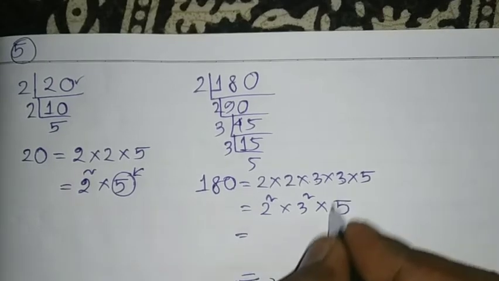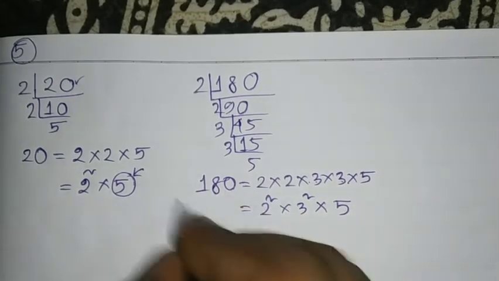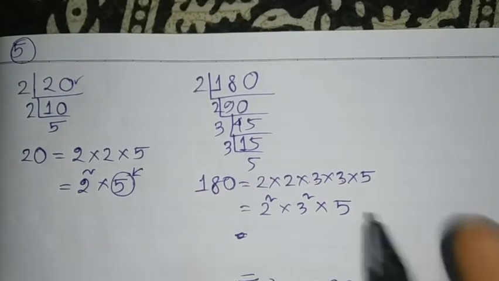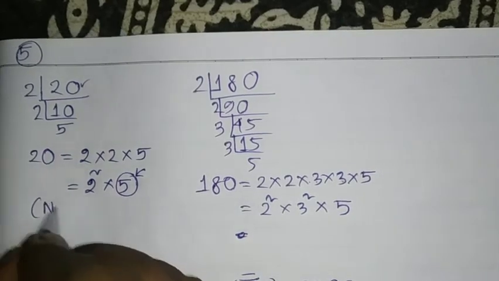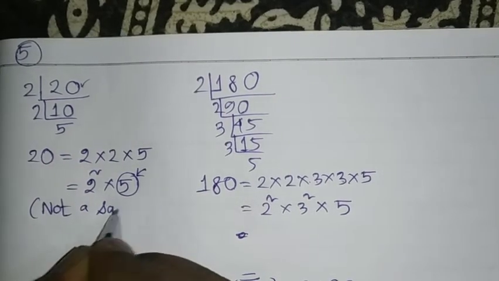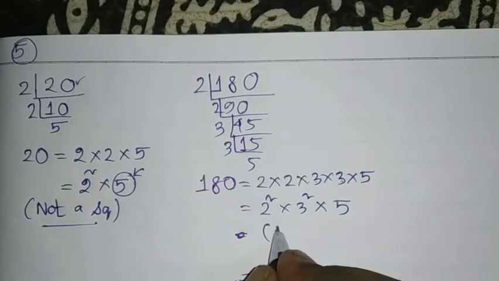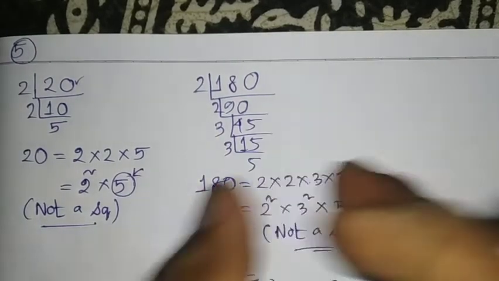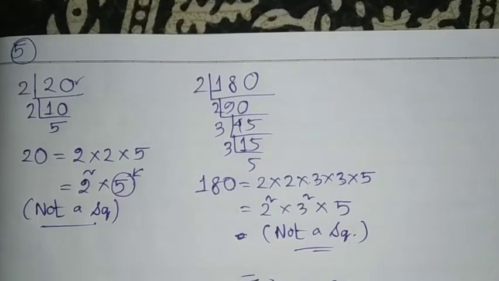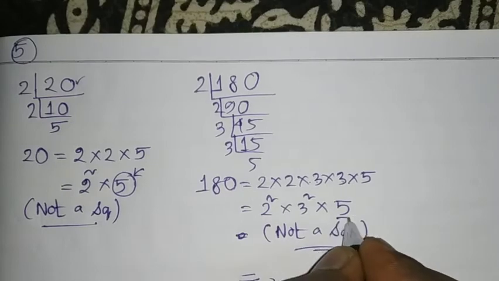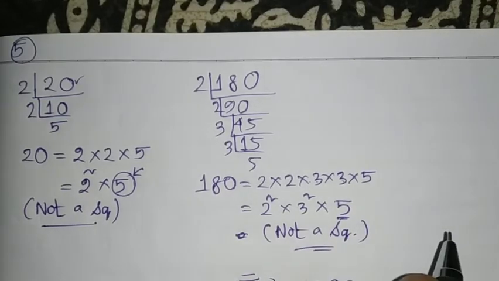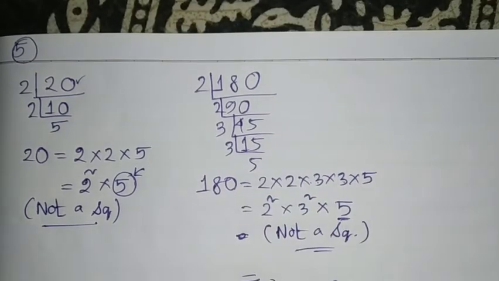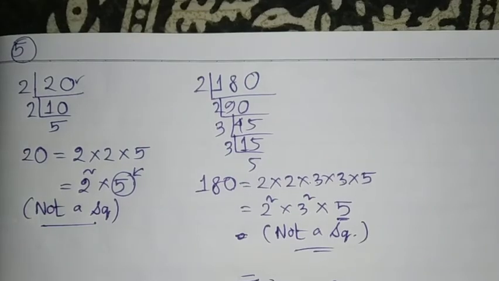Look, 5 is single here. That means 180 is not a square number. So here also write not a square. That means this will be in the second column. Now we need to tell by which number you should multiply. Look, 5 was single here, so we need to multiply 180 with 5. Understood?